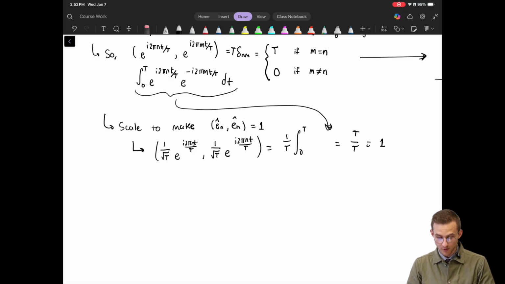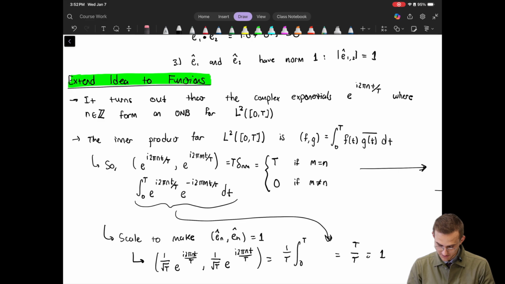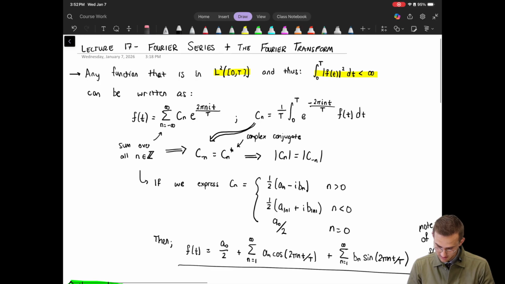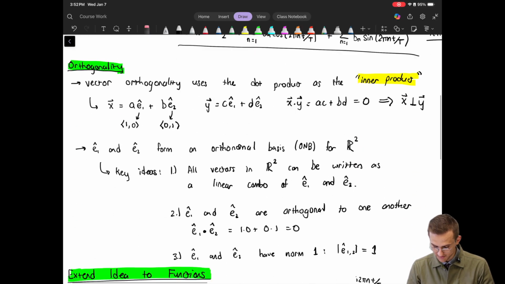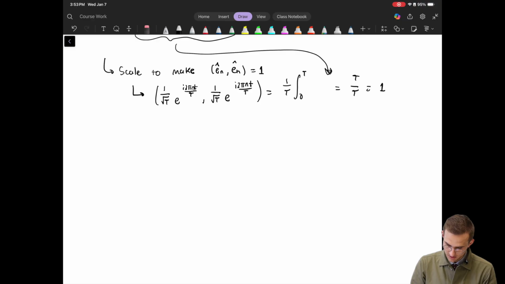And they form a basis because, like we said before, we can write all of the functions in L2 as a sum of those complex exponentials. This actually shows by analogy how we can calculate the coefficients.